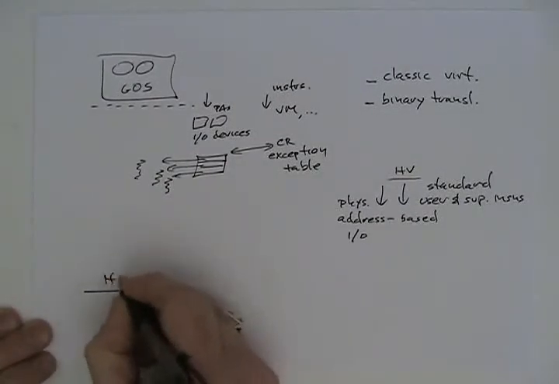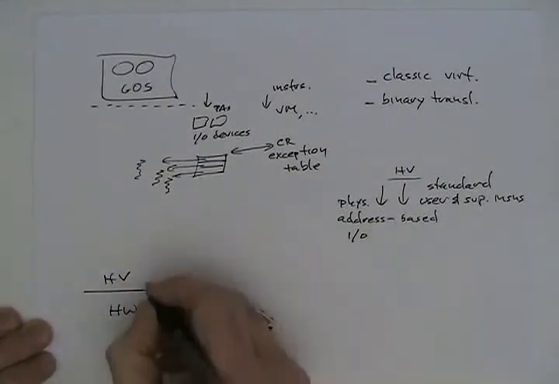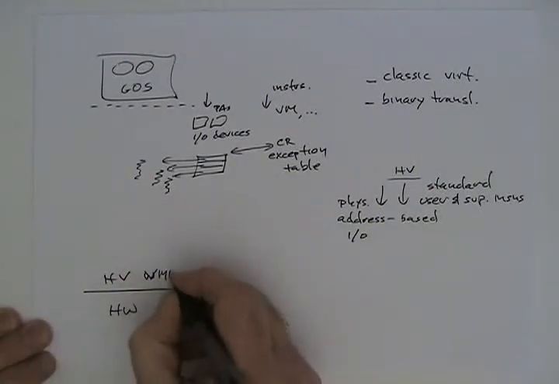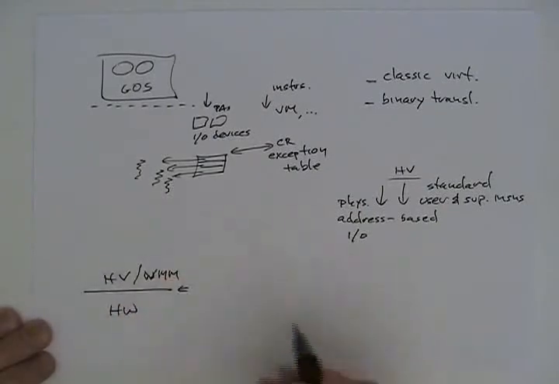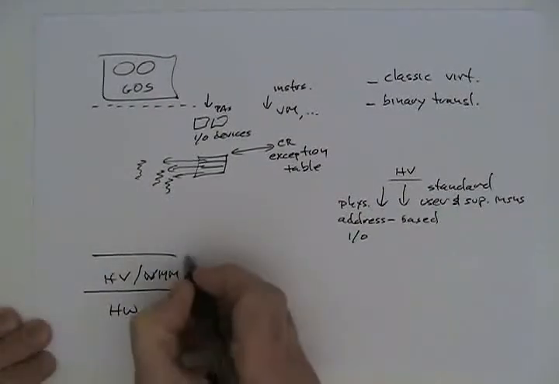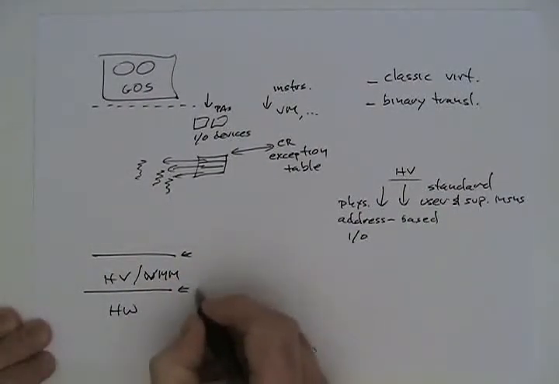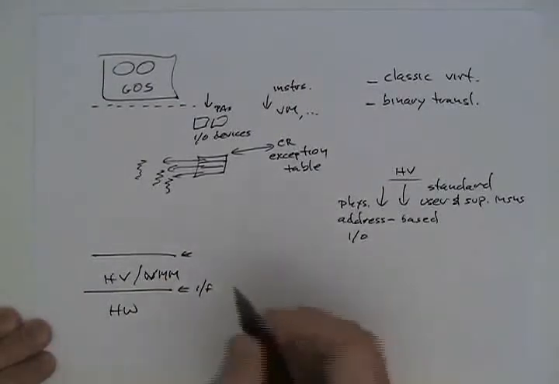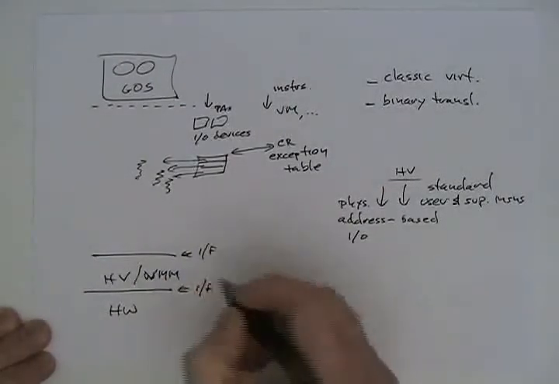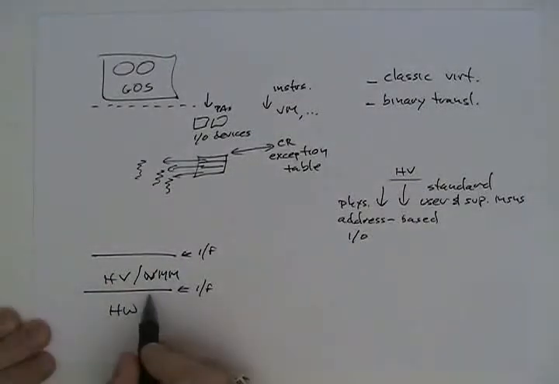So if this is the hypervisor, or the virtual machine monitor, whichever you want to call it, the interface here is the same as the interface here. It's using, as I said, supervisor mode and user mode instructions, control registers, and in supervisor mode it's using the standard control registers and so on.